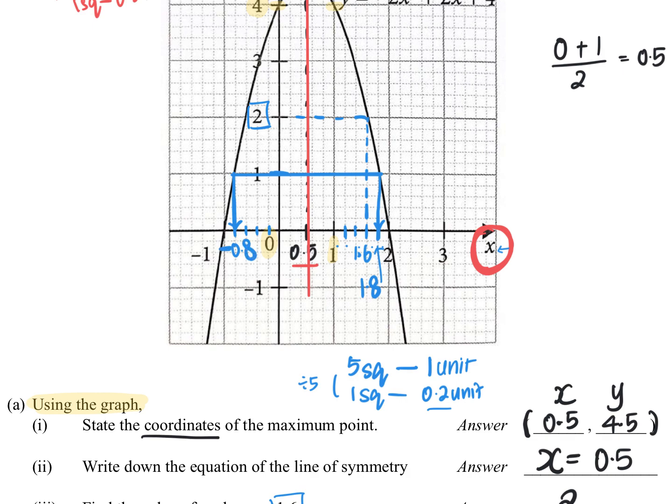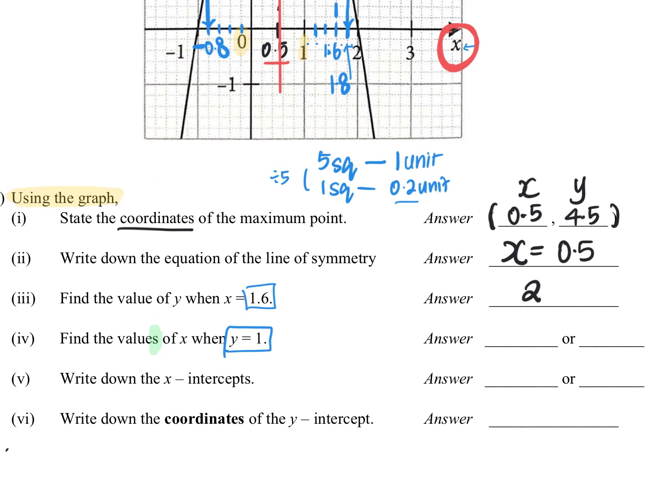Remember your negative sign. So in this case, the values of x are negative 0.8 or 1.8.